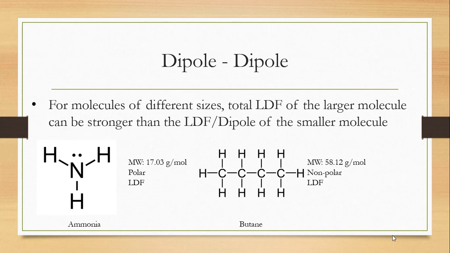Ammonia has a dipole-dipole intermolecular force. Butane doesn't. The boiling point for ammonia is minus 33.3 degrees Celsius. The boiling point for butane is minus 1 degree Celsius. Even though it doesn't have dipole-dipole interactions, because butane is so much bigger, it's got such a large electron cloud, relatively speaking, the London dispersion forces here are greater than the combined LDFs and dipole-dipole for ammonia.